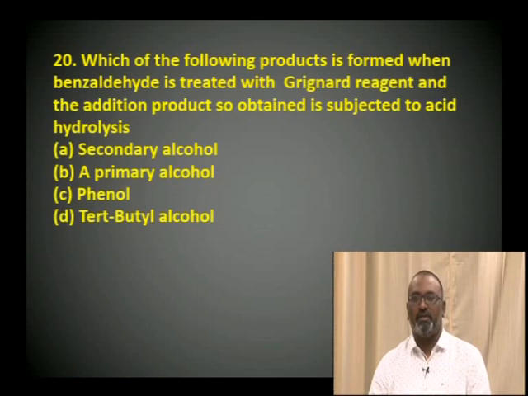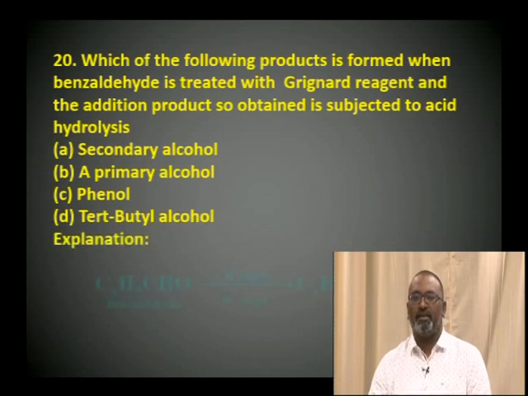So let us see the question once again. When benzaldehyde is reacting with Grignard reagent, we are going to get an addition product. That addition product is subjected to acid hydrolysis.